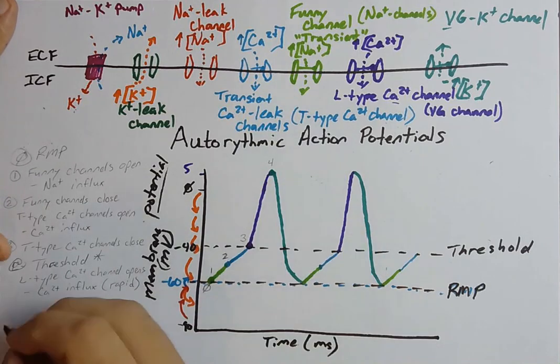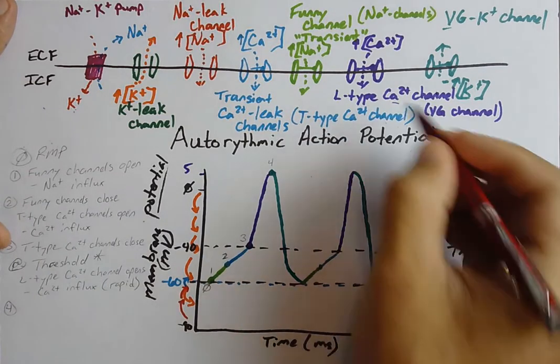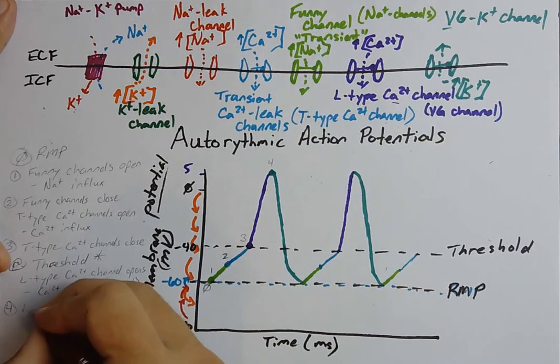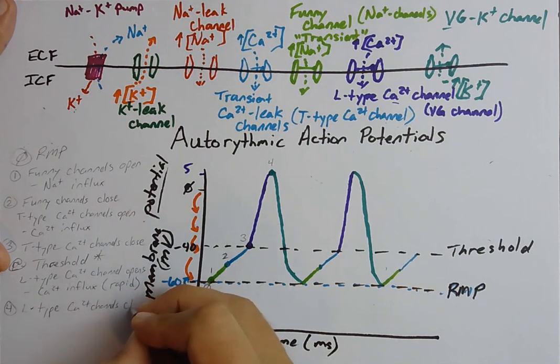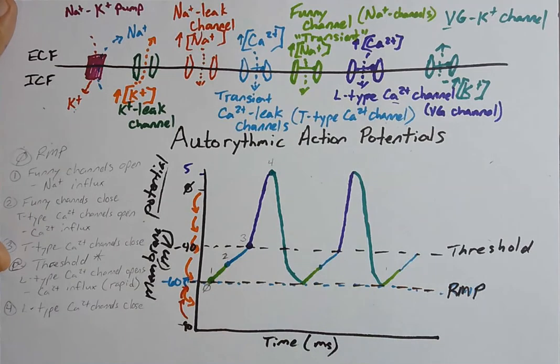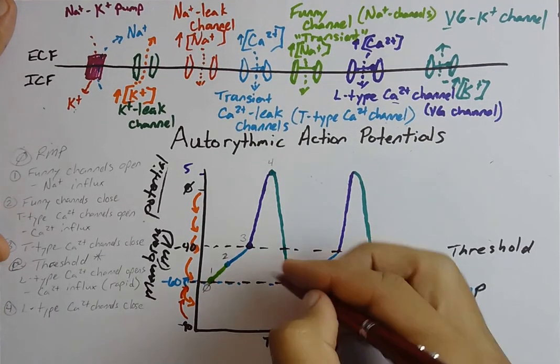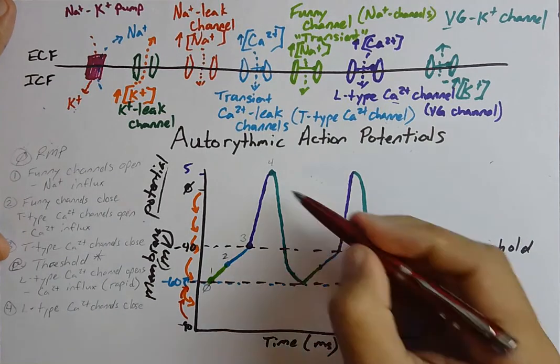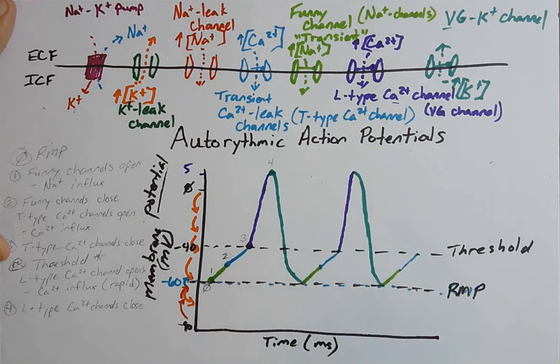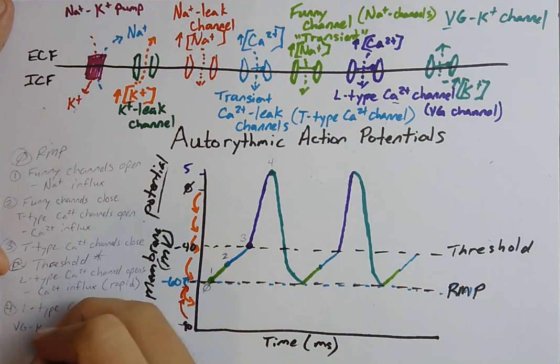Up here at 4 now, well, what's going to have to close? The L-type calcium channels close. And that stops calcium rushing into the cell. It stops the depolarization. And now we got to fix everything. Return it back to homeostasis. How do we do that? Voltage-gated potassium channels are the answers.